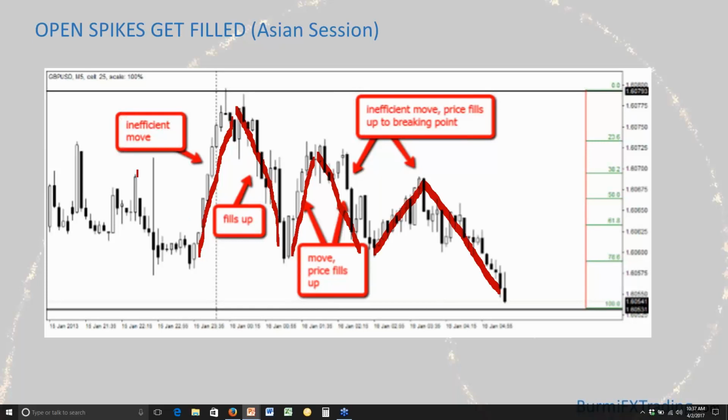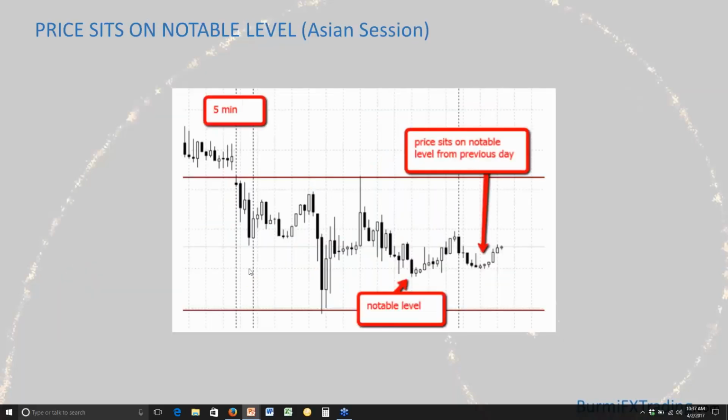So how do we trade that? You have the open spike going into a key level. That's where you would take your sell trade. You're expecting the price to come back to the base of the open spike. Price sits on an important level.